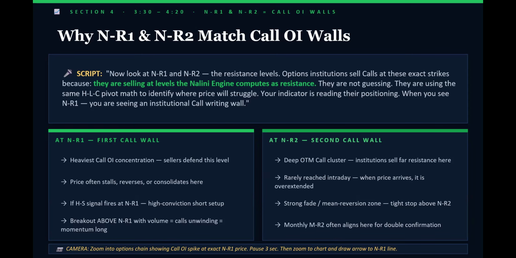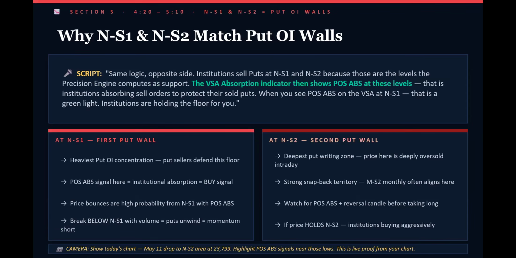Institutional positioning. When you see NR1, you are seeing an institutional call writing wall. Yes, friends, you will be seeing institutional call writing walls, and institutional support walls at the put. Why do NS1 and S2 match with the put OIs?